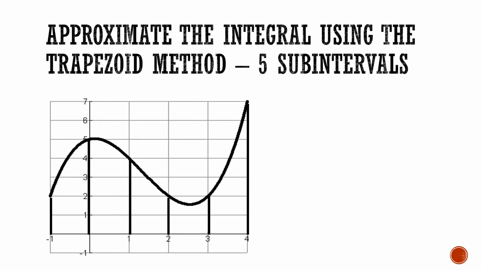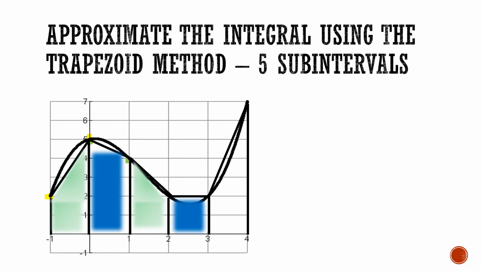So I'm going to connect this piece to this piece, and then I'm going to connect this piece to this piece, and so on and so forth. I'm just going to connect all of my tops, and I create trapezoids. Now the catch to really understanding your trapezoid method is that you want to look at it on the side. You almost want to turn your head sideways so that you can see the trapezoid. Now I'm shading in my regions, and again I can see those trapezoidal regions.